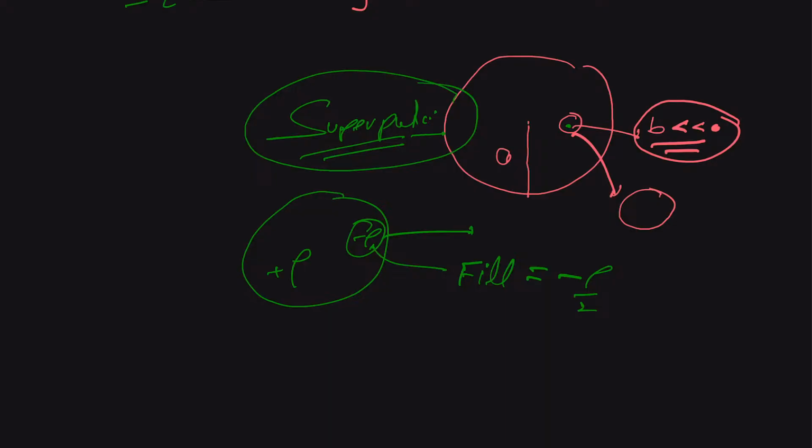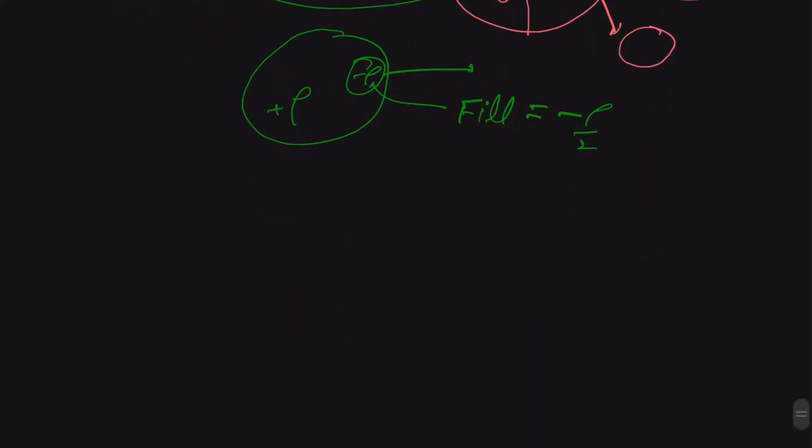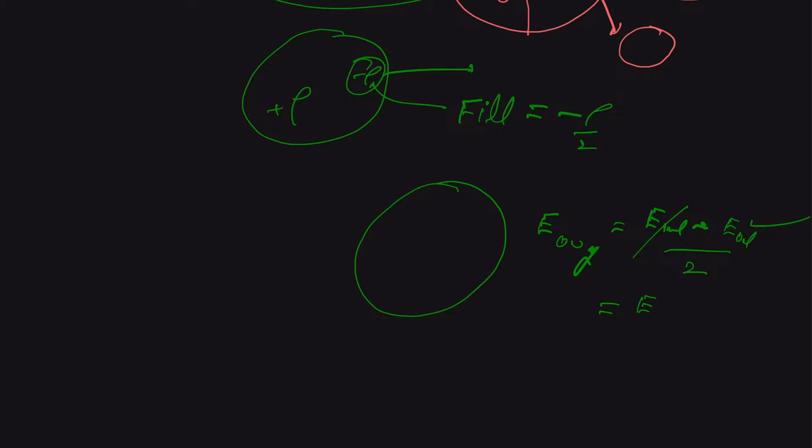And this last question was about the soap bubble. In the case of a soap bubble we are always interested in the average electric field, and the value of the average electric field is the electric field inside plus the electric field outside, divided by 2.